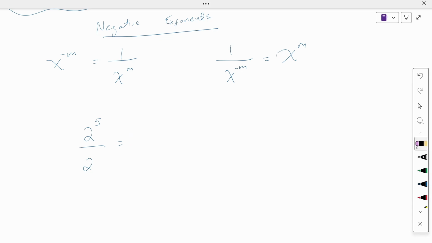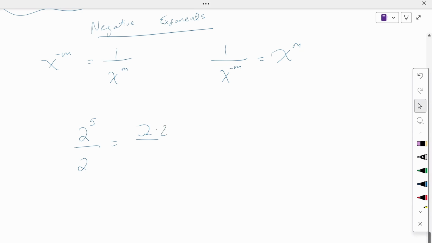Well, 2 to the 5th is the same thing as 2 multiplied by itself 5 times. And 2 to the first power is the same thing as just 2.